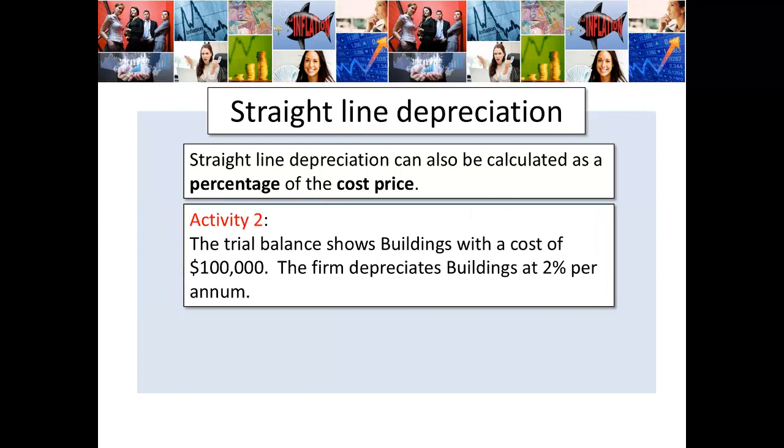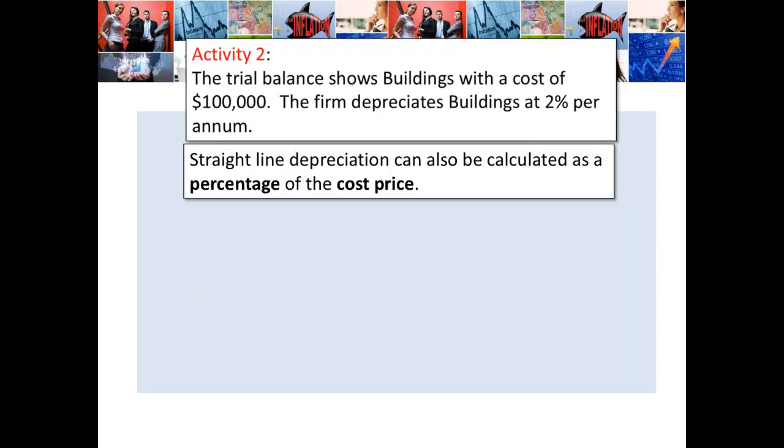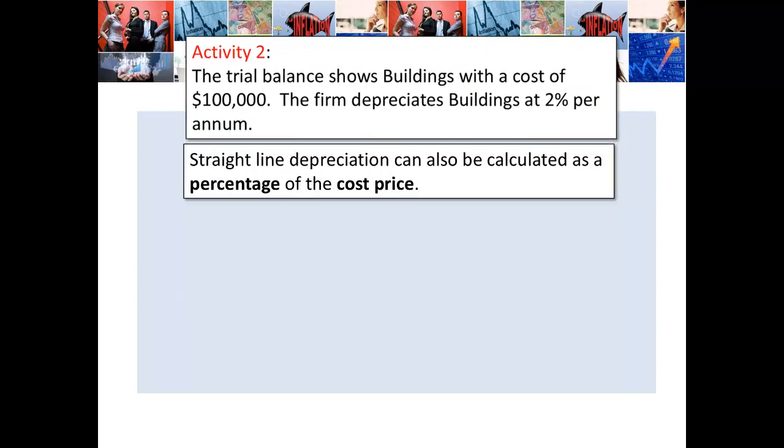Now, straight line depreciation can also be calculated as a percentage of the cost price. So in this example, the trial balance shows buildings with the cost of $100,000 and the firm depreciates buildings at 2% per year, each and every year.